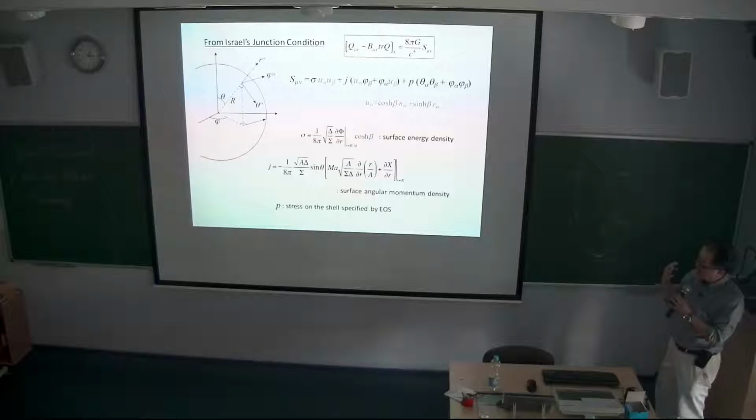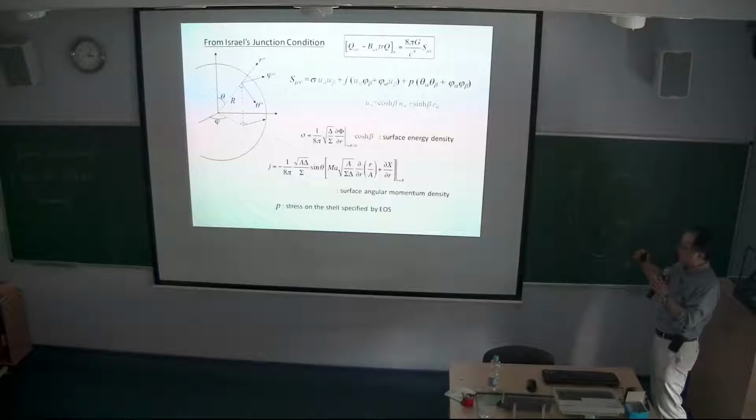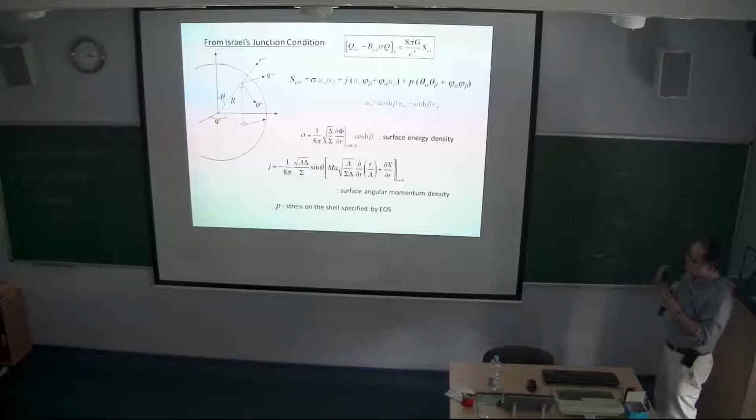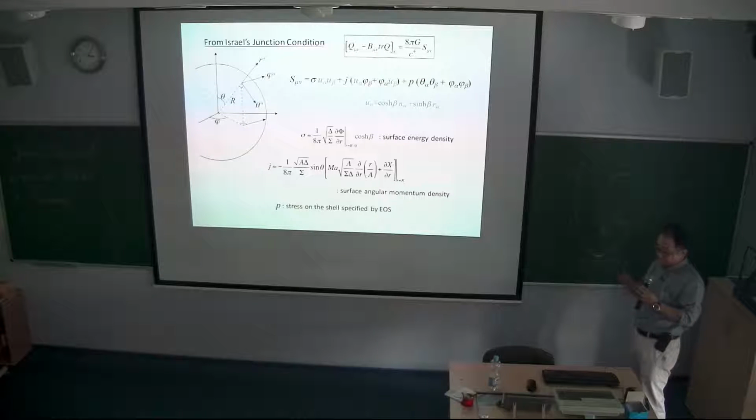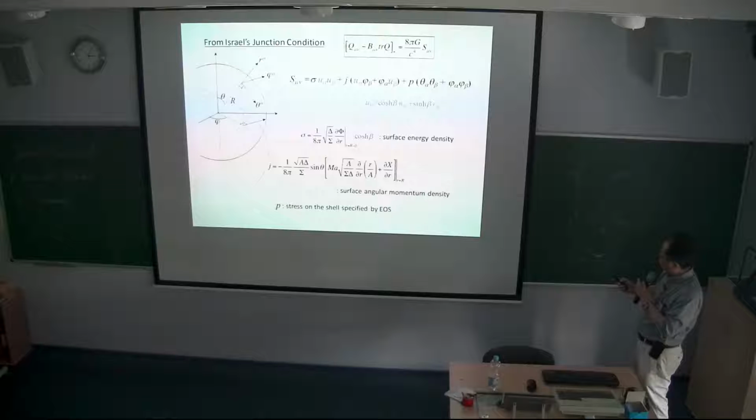Then we obtain the geometrical quantities. This implies that some singular matter is on the shell, considering the Israel junction condition. Through this junction condition, we can know what kind of matter is confined in the shell.